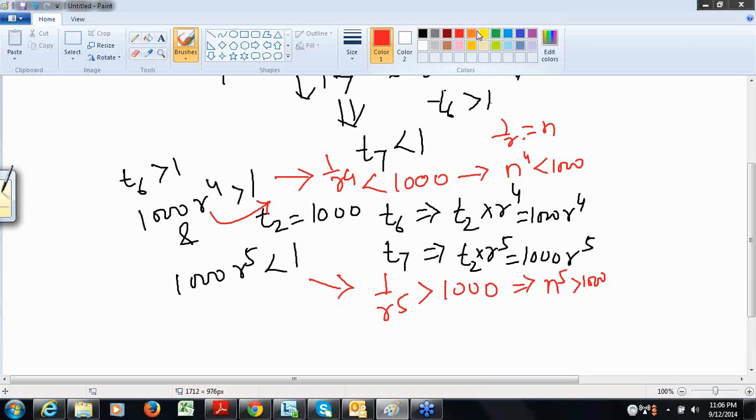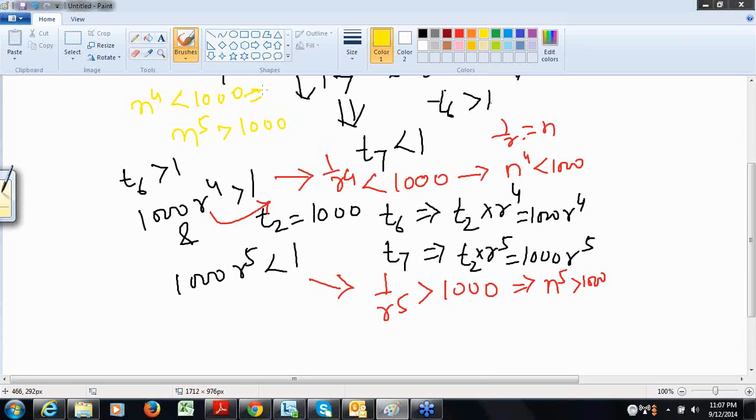So now you have two equations, n to the power 4 is less than 1000 and n to the power 5 is greater than 1000. So find out how many values it will satisfy.